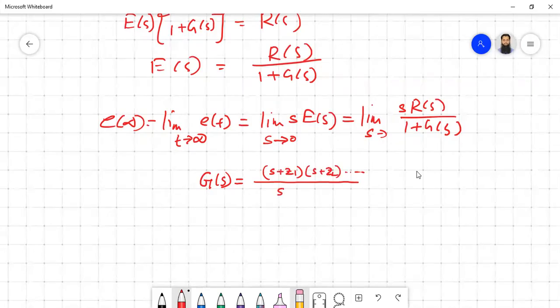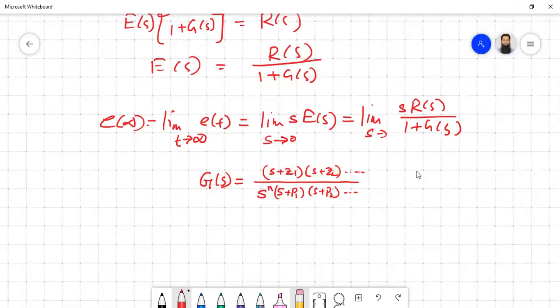Similarly, it has poles, s plus p1, s plus p2 and so on, and s to the power n. Okay, so this is what is very important here, s to the power n. N is actually the system type. So if n equal to 0, it's a type 0 system, no pole at the origin. n equal to 1, type 1 system, 1 pole at the origin. n equal to 2, 2 poles at the origin. So this is what is called system type.